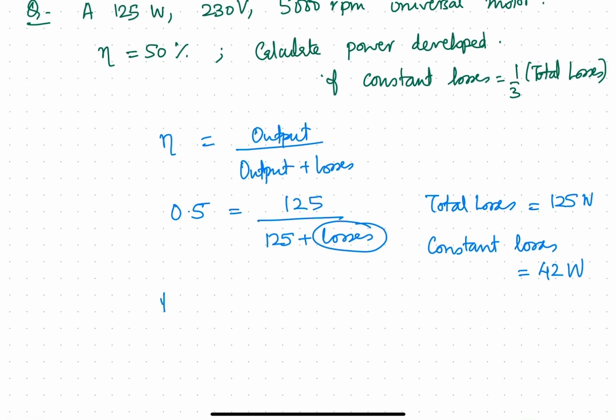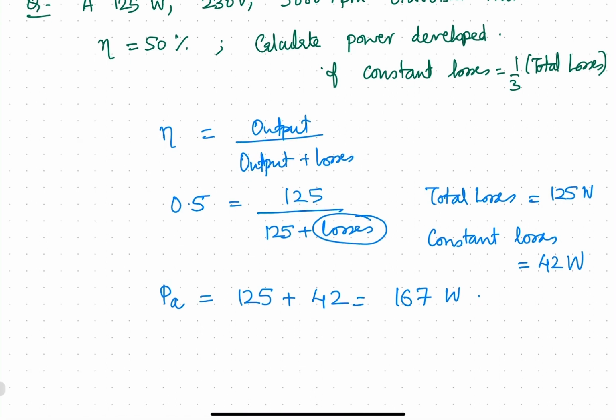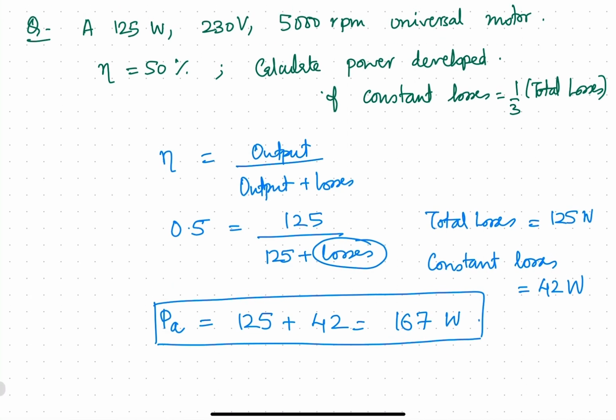So the power developed in the armature PA is equal to the output power plus the constant losses. This comes out to be 167 watts. Okay, this is the solution to this problem.